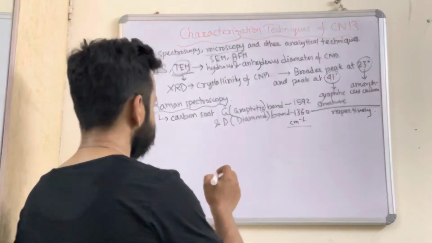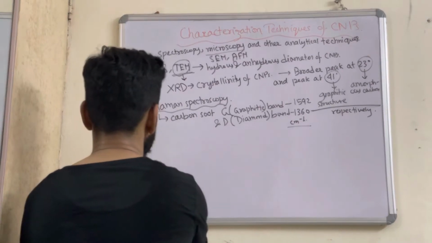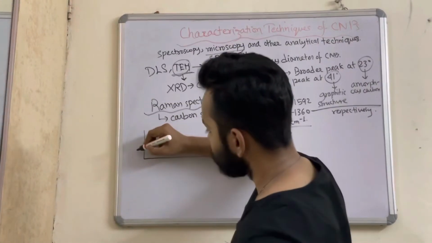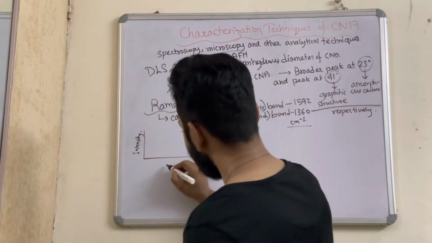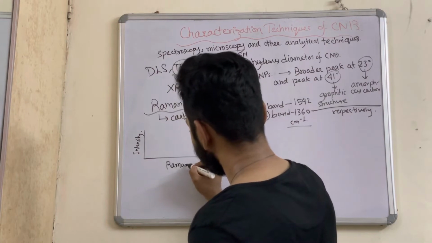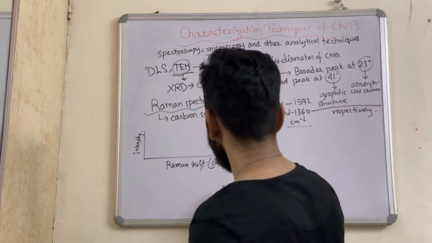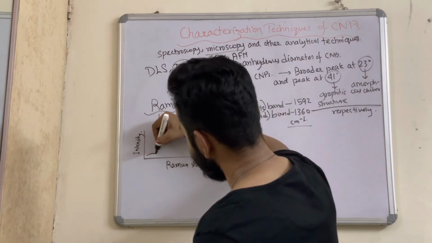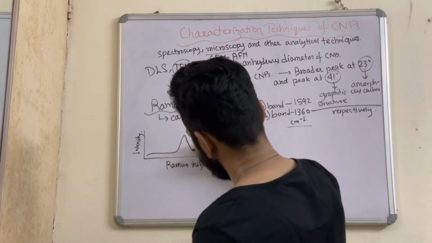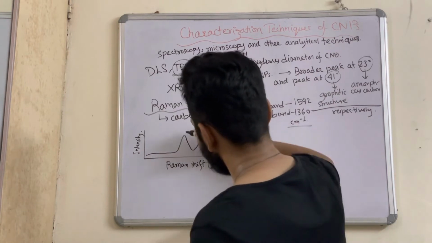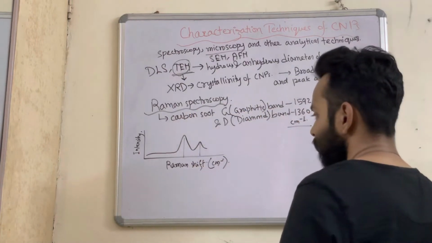Now, if the diagram has intensity on the y-axis and Raman shift in centimeter inverse or the wave number, we can get a spectrum somewhat like this. This is the D band and the G band.